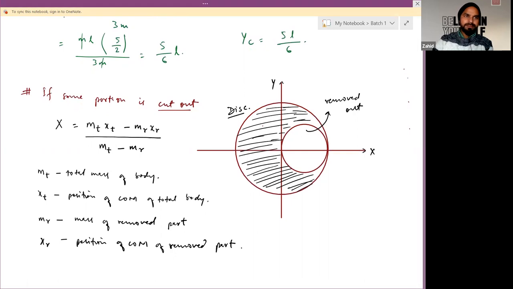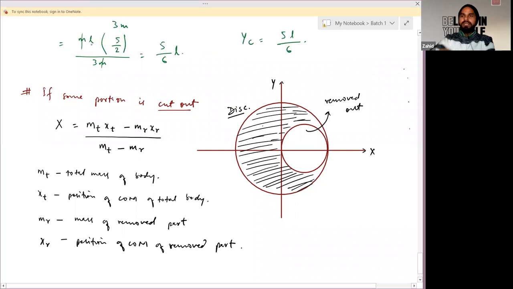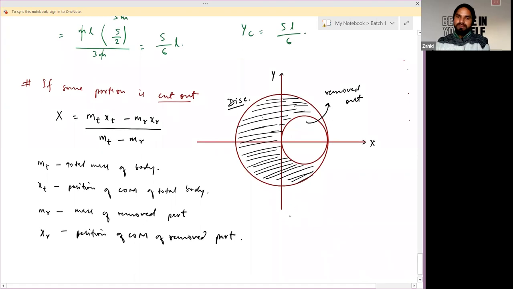So let me solve it. As we know, a disk is a two-dimensional body, so mass distribution will be areal. If you calculate the total mass of the body, let's say the radius of the disk is r, which is the diameter of this cutout portion.